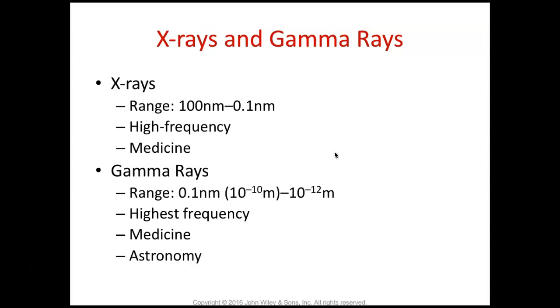Gamma rays actually do have many uses in medicine. Some types of medical diagnoses involve giving a patient a radioactive chemical that emits gamma rays. If that chemical concentrates at places where bone might be healing, for example, the doctors can monitor the healing by locating the places where those gamma rays are emitted.